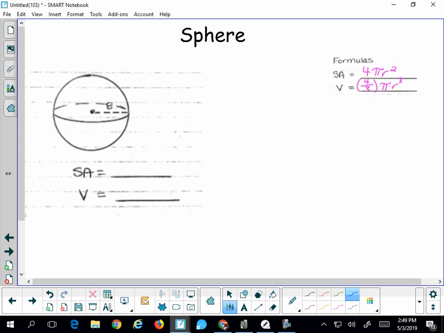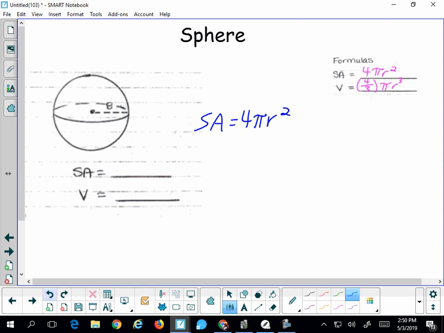The surface area that we're doing first is calculated by 4 times pi times the radius squared. So if we write this out, our surface area is 4 times pi times radius squared.